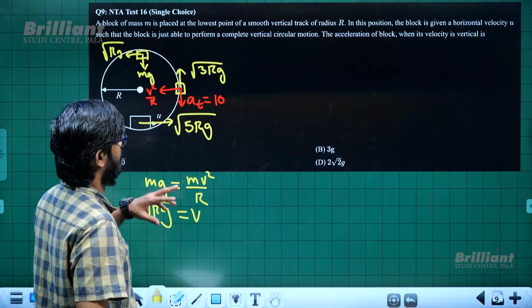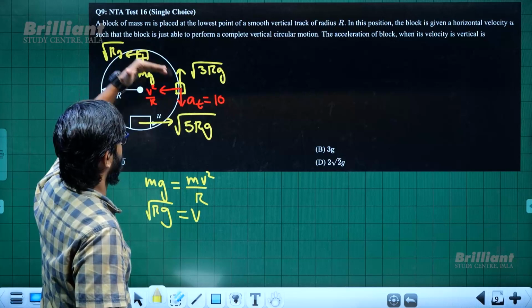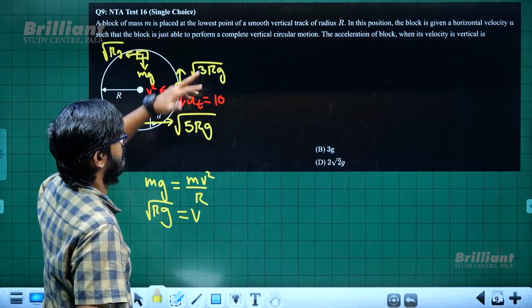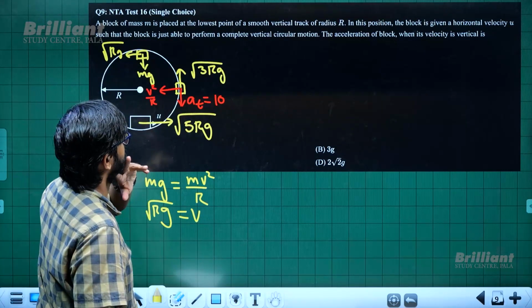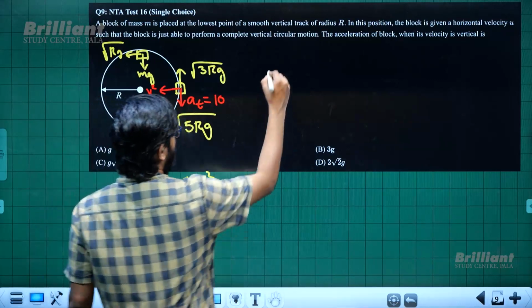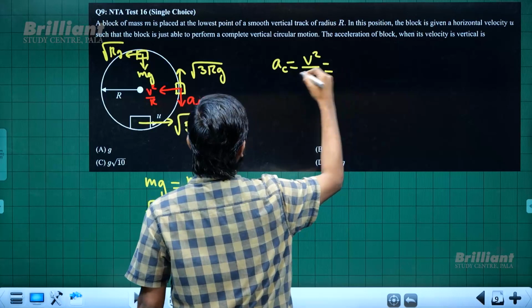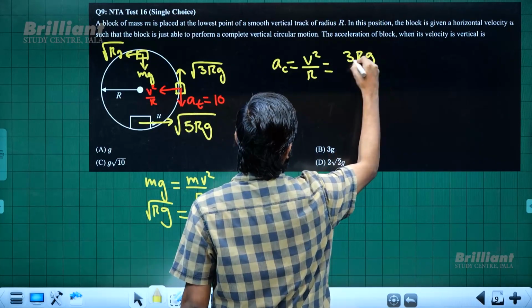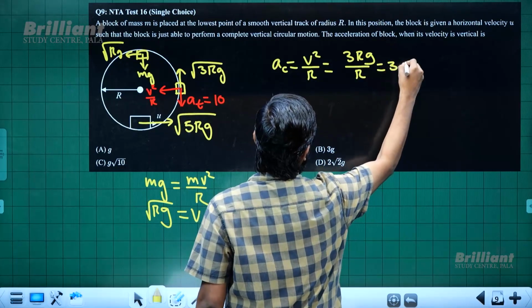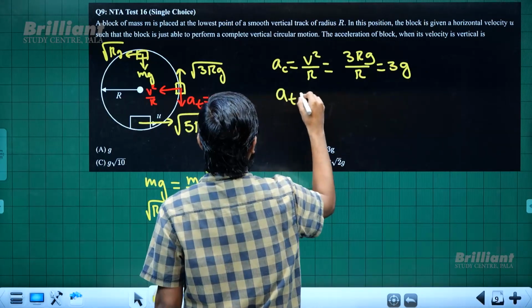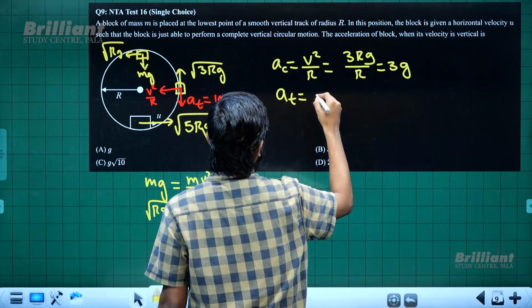I think we have done it already. So if you want, you can do mechanical energy conservation from here to here and you can get the speed as root of 3 rg. So what will be v square by r? Centripetal acceleration will be v square by r, which is 3 rg by r, which is 3g. Tangential acceleration will be g.